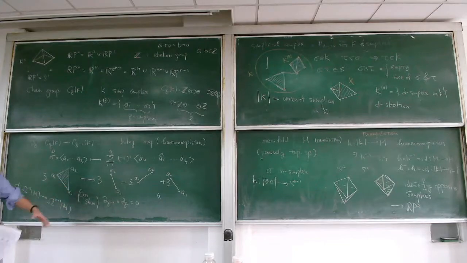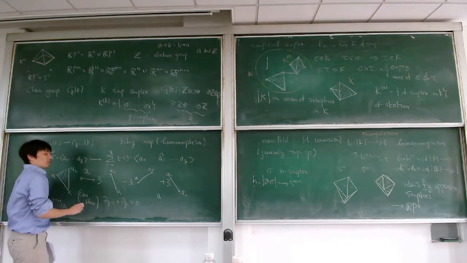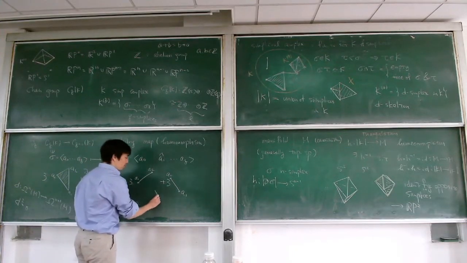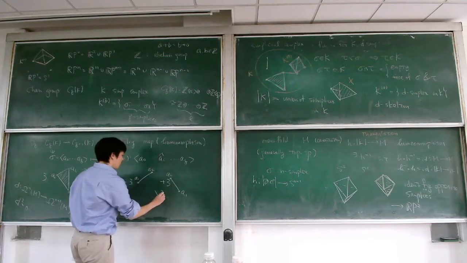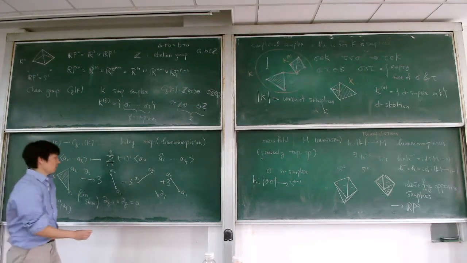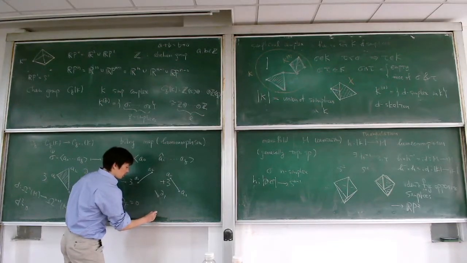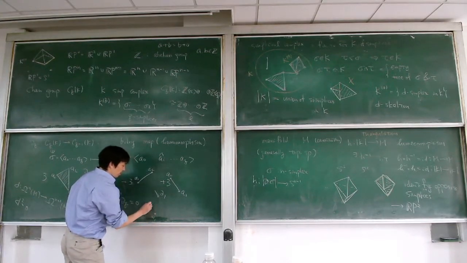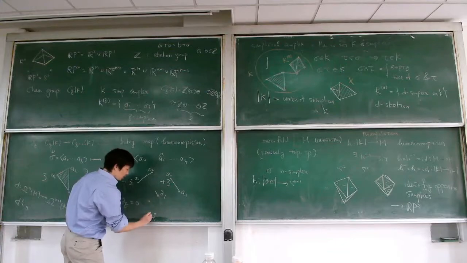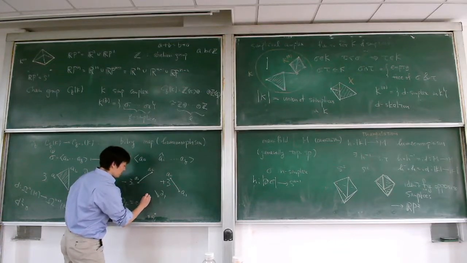So here we take boundary map 2. So next, we map to 1. So this means here we just consider a1, minus a2.